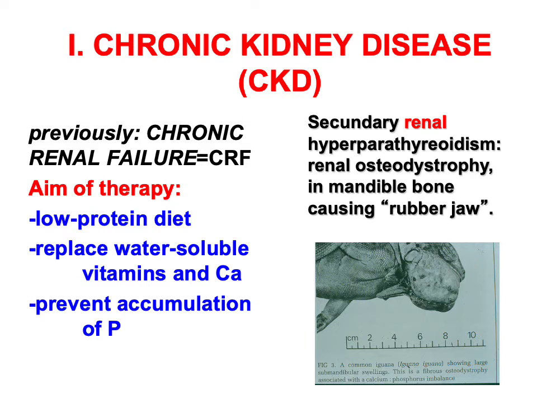We have to see the secondary renal hyperparathyroidism as a chronic kidney disease end phase, in the mandible bone causing rubber jaw, which is not only in case of mammals, but interestingly enough, you can see it also in the iguana.